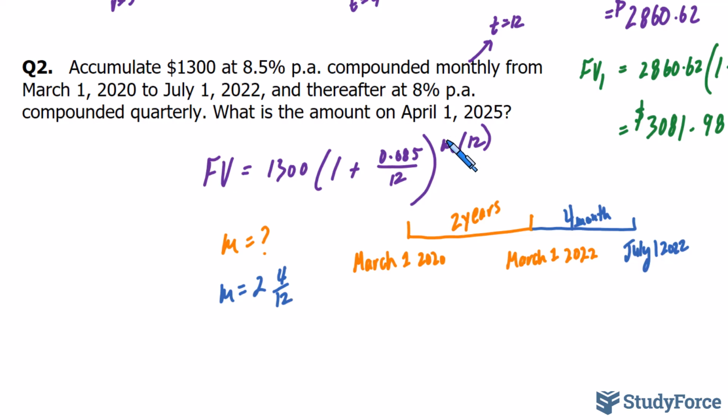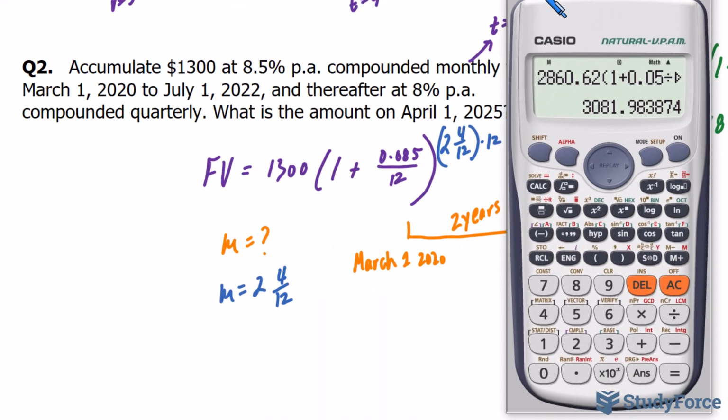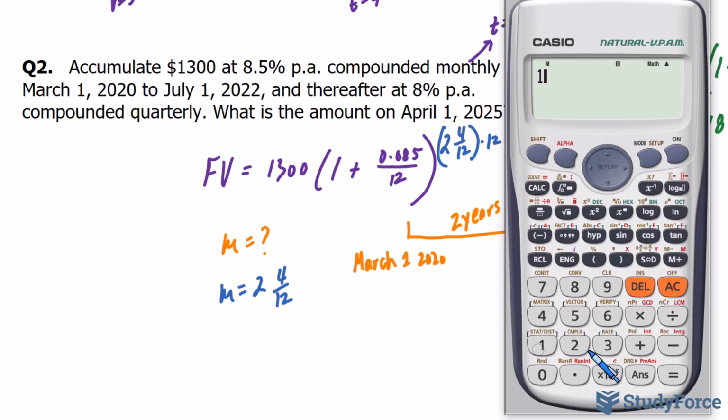Let's go ahead and put that into our formula. 4 over 12 times 12. Okay, let me show you how to use your calculator to compute this. We have 1300 times 1 plus 0.085 divided by 12. We open up exponents, and we have a mixed fraction here.